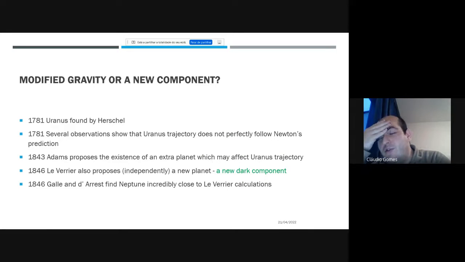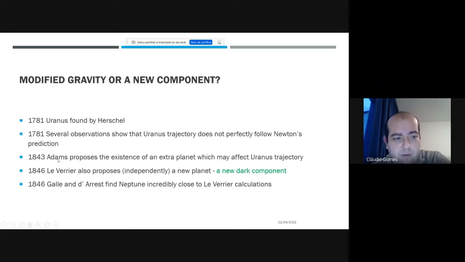So, to better understand this picture, I would like to give you a historical view. For instance, the planet Uranus was found by Herschel in 1781. And several observations of that planet showed that its trajectory does not follow perfectly Newton's predictions. So it was strange.